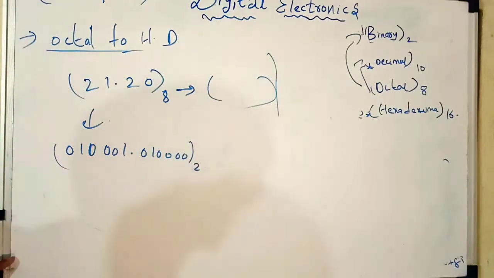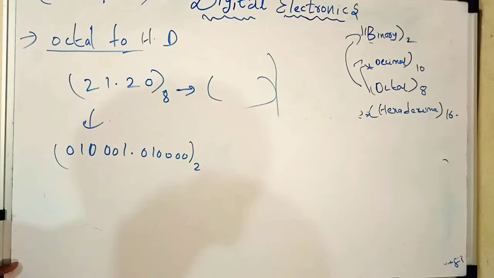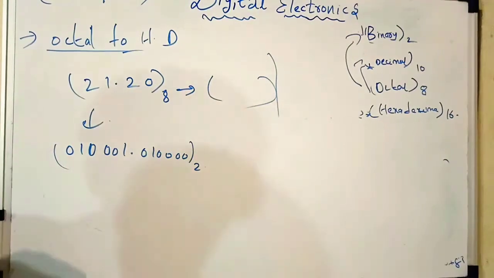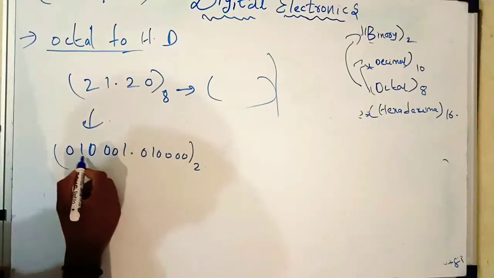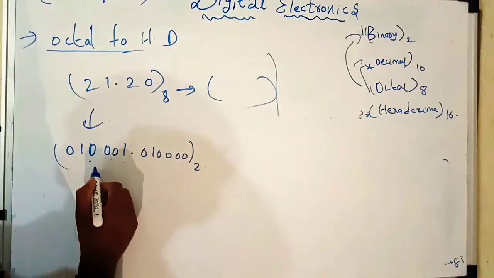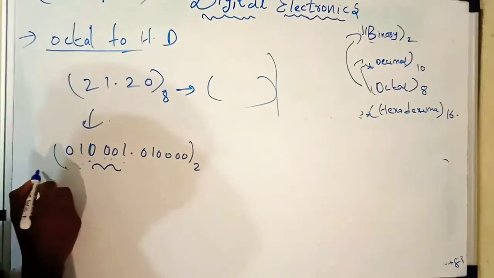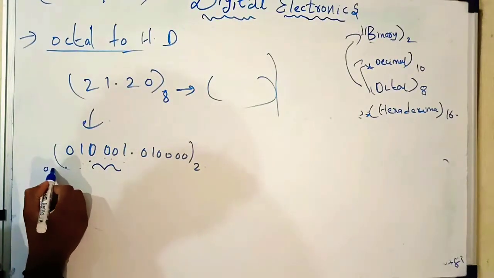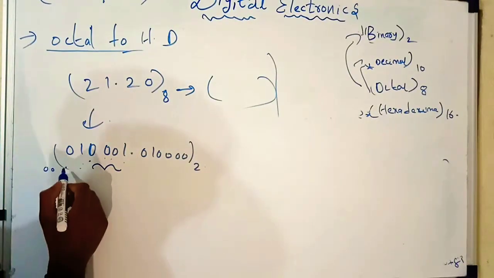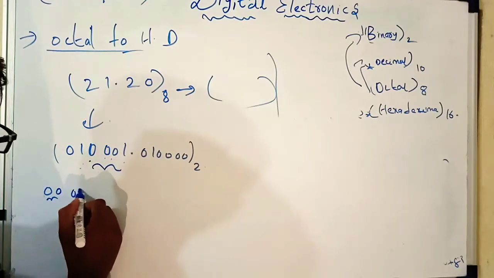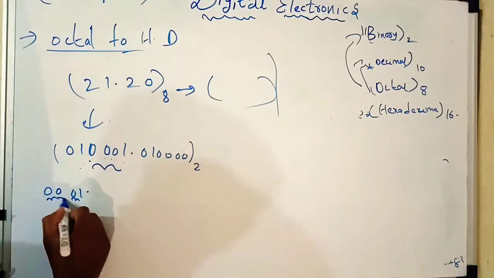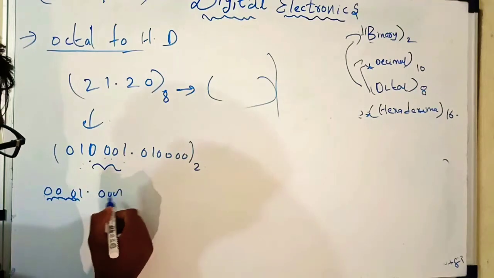For hexadecimal we need 4 bits because of the base 16. So here we will take 4 bits, 1 2 3 4. Here there is 1 and 2. The remaining are zeros because there are no bits present before them. So this is 0 0, and we add bits 0 1. This is 0 0 0 1.